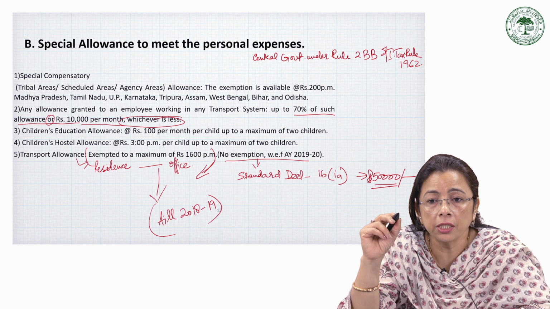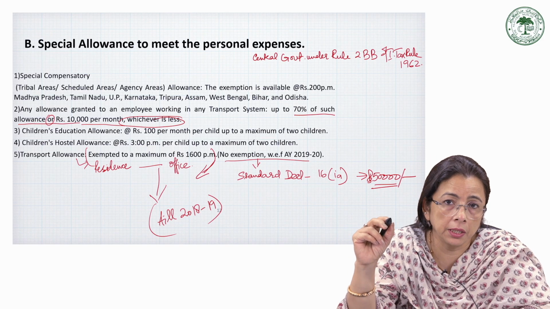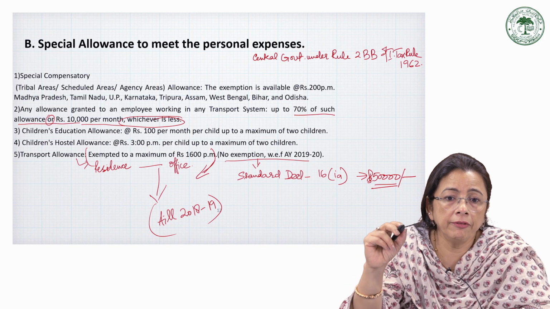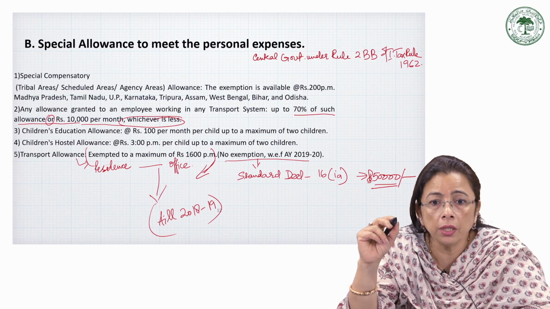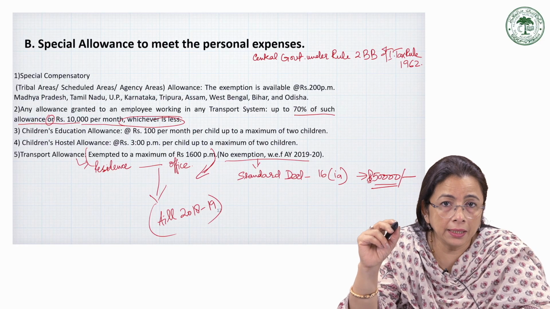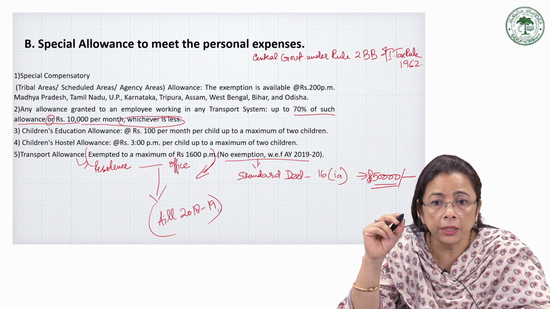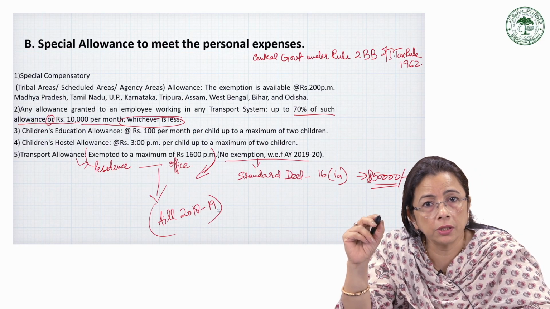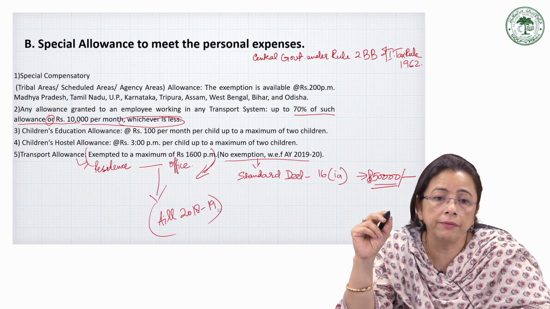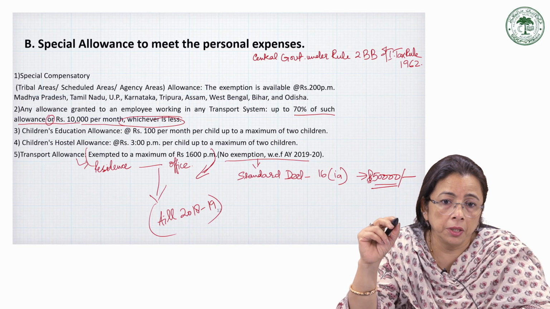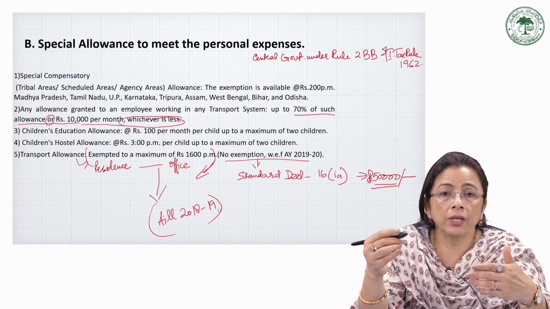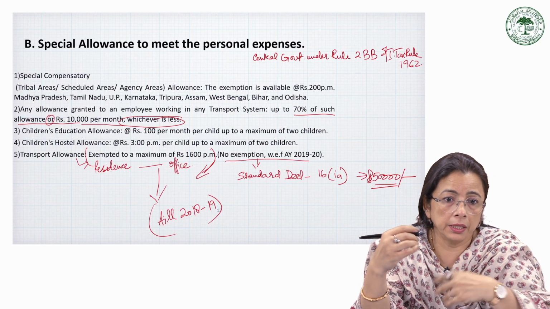The exemption is up to rupees 3,200 per month. This special relief acknowledges the additional mobility challenges and higher commuting cost faced by such individuals, because obviously they make extra efforts to reach the workplace.